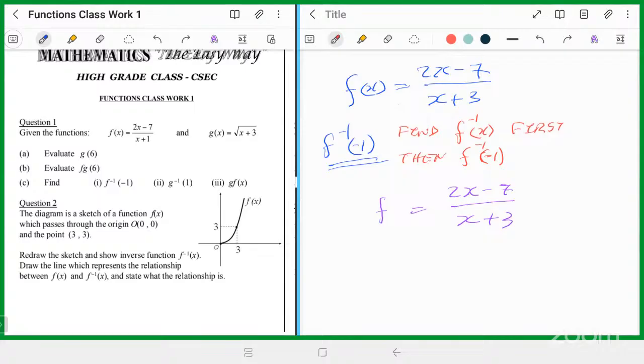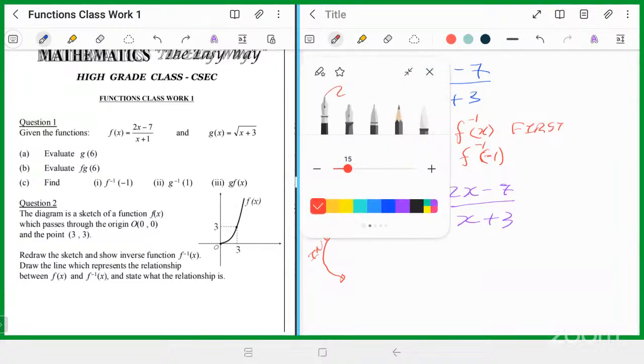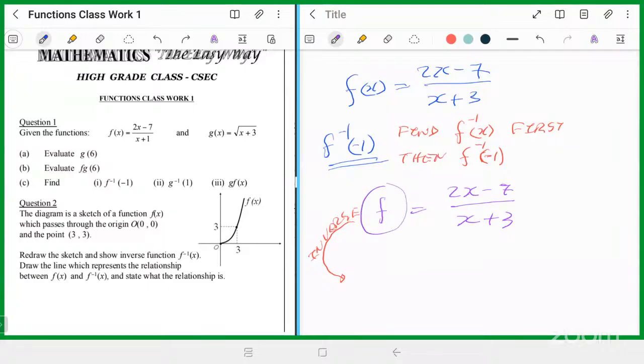Simple. When we form the inverse function, we're inversing this function. What happens is that this f, which represents the range on the function, becomes the domain x on the inverse, equals the two x's here, each of them, they represent domain on this function.